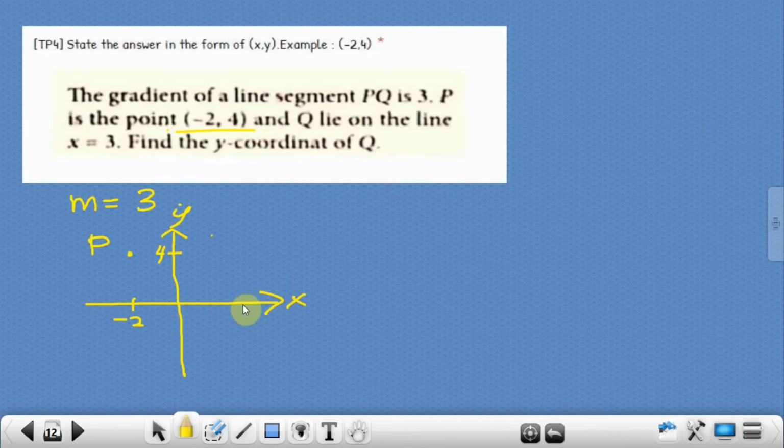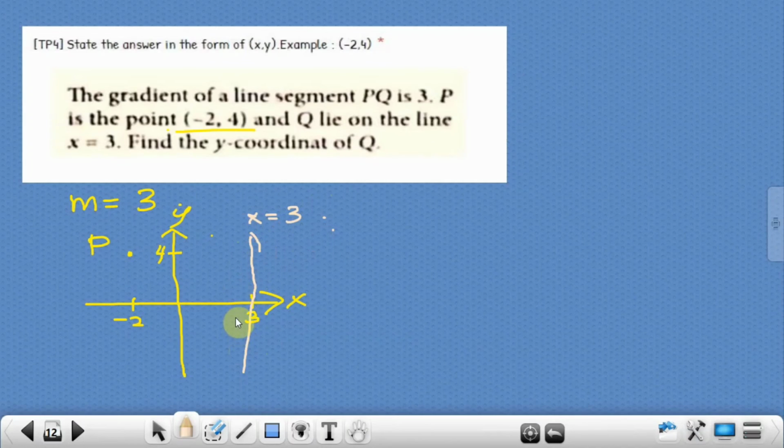So x equal to 3 is here. This is the straight line x equal to 3. So point Q lies somewhere here.